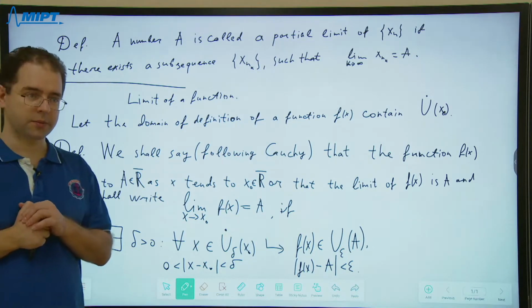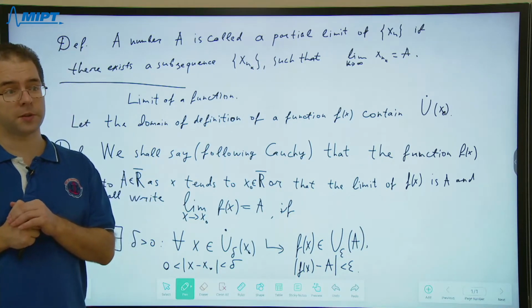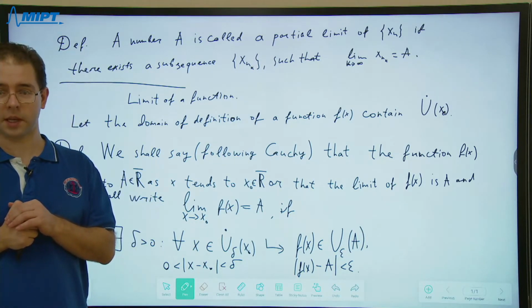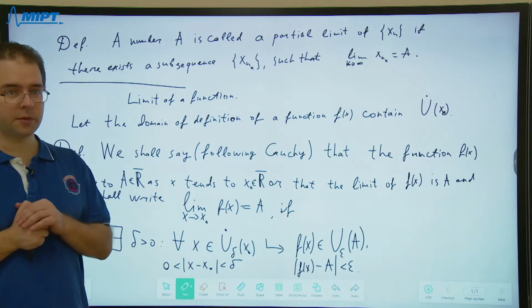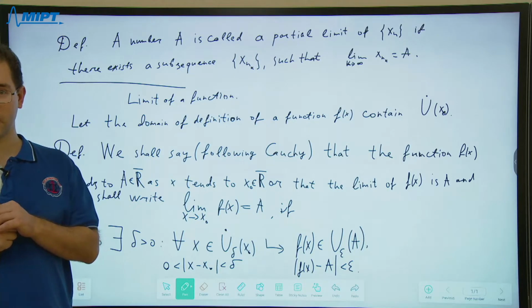Okay, now we have two definitions of the same object. Now we want to see if those definitions are different.